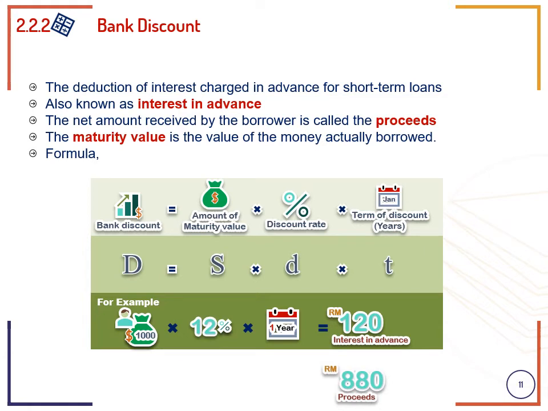It must be noted that the man who borrows 1,000 ringgit will have to pay 1,000 ringgit at the end of 1 year. It is different if the lender charges a 12% simple interest. In such a case, the man who borrows 1,000 ringgit will receive 1,000 but has to pay back more than 1,000 at the end of 1 year.